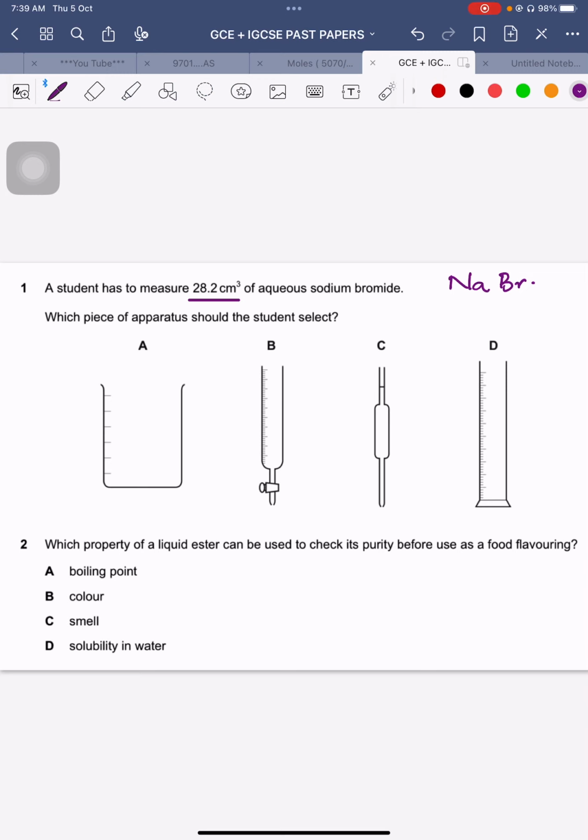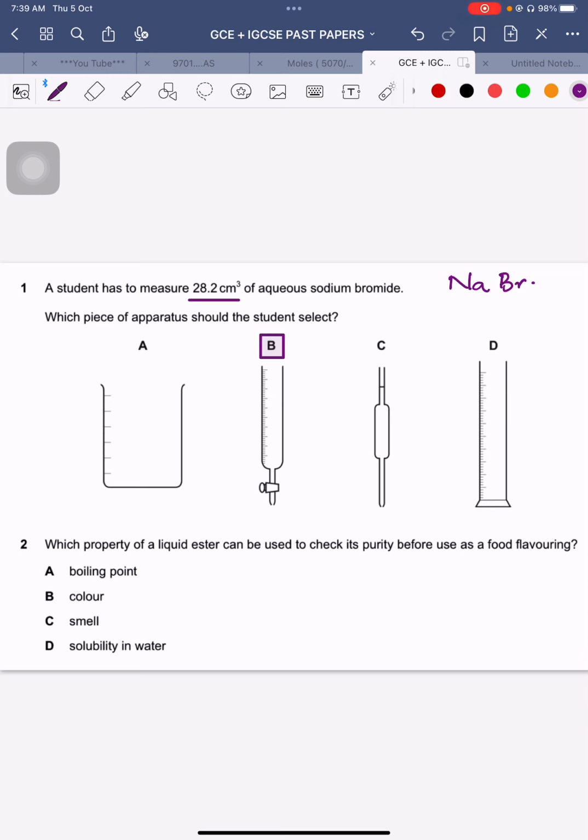So the particular apparatus we are going to use for this can be B. It cannot be A. Why? A is a beaker, which is used for rough measurement of liquid because it has a wider column. The wider the column, the rougher the measurement; the narrower the column, the more accurate the measurement. So we can use B for this.